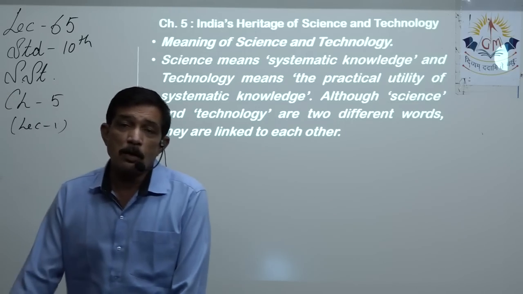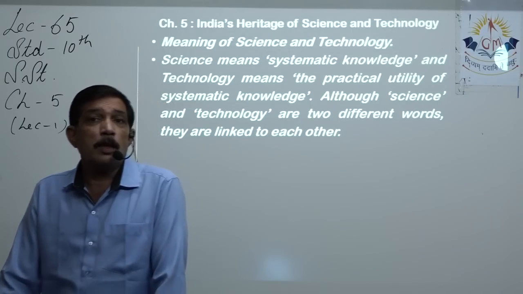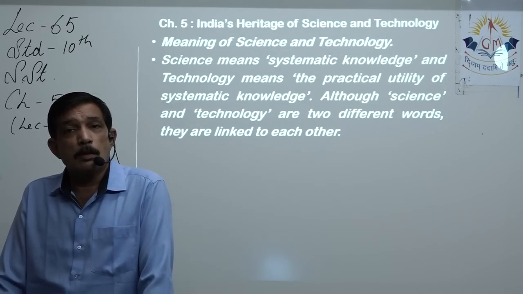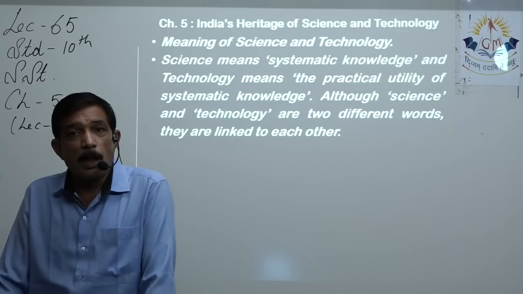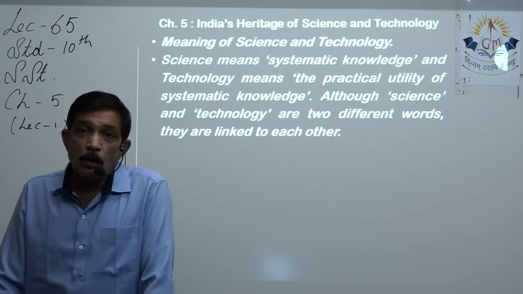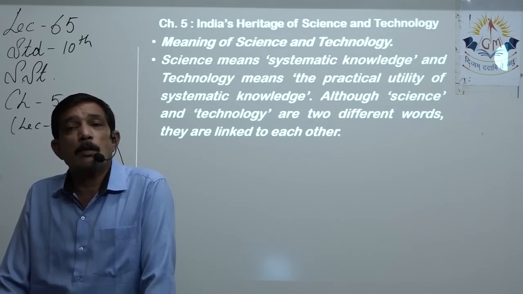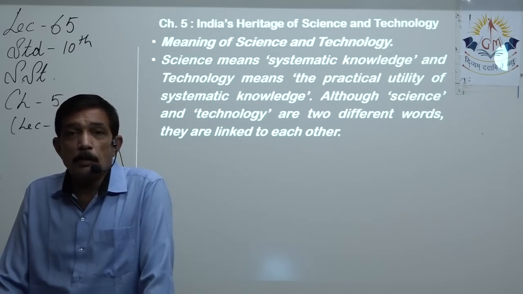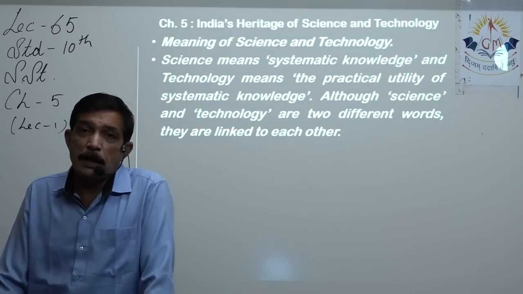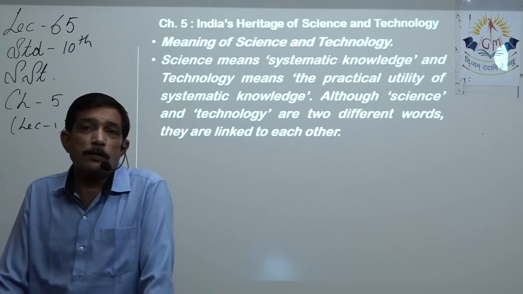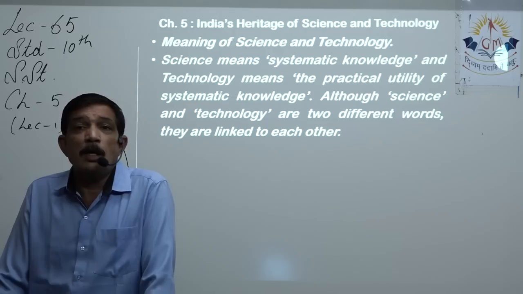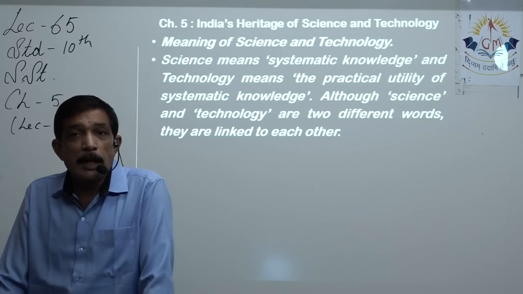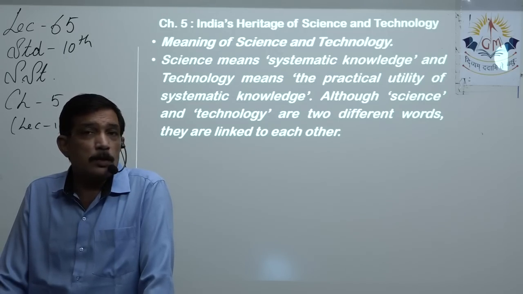Based on that, super speed magnetic trains are made today. So making of that magnetic train is nothing but technology. We had science, the systematic knowledge of magnetism, and then we put that knowledge into use.